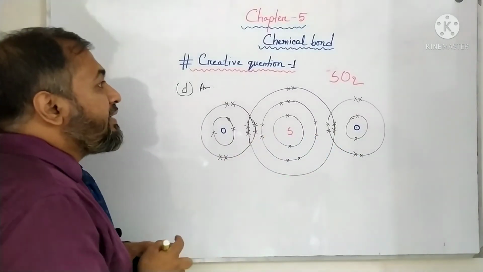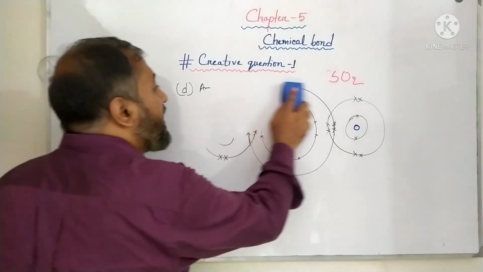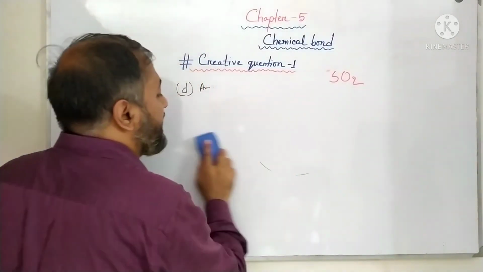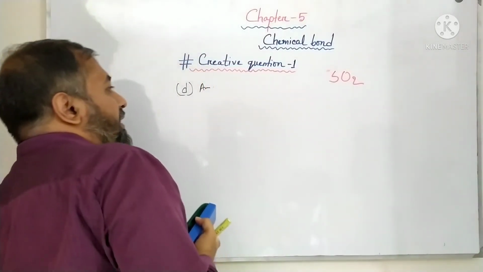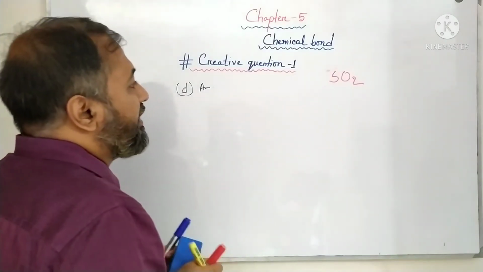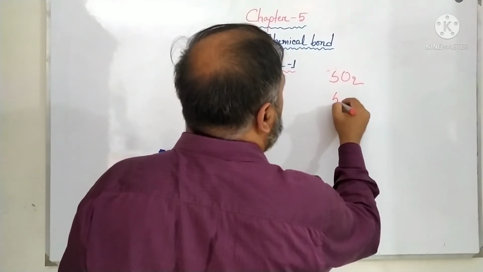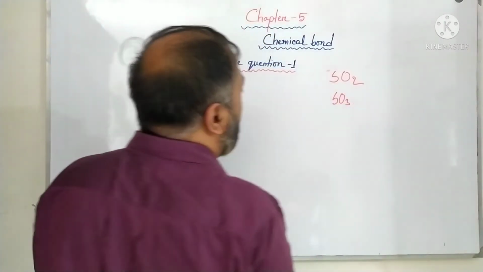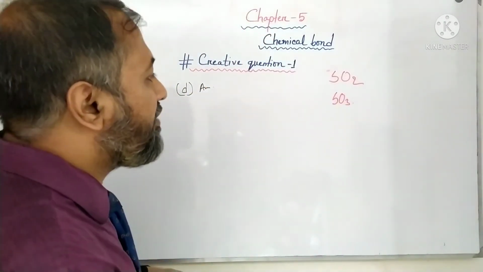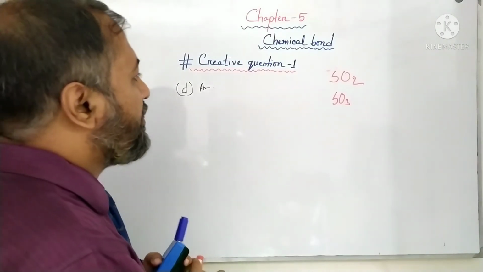We know that another kind of compound can be formed between sulfur and oxygen, and that is sulfur trioxide. I would like to write this down in this place, sulfur trioxide. So how is this actually formed?